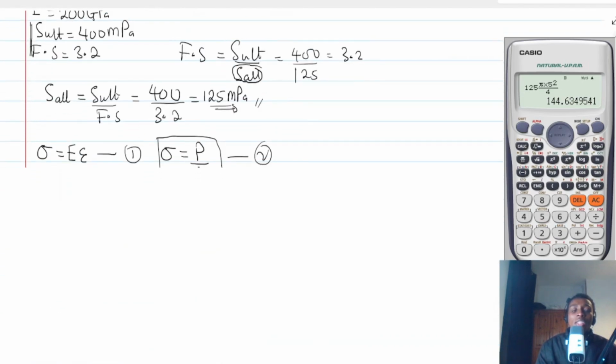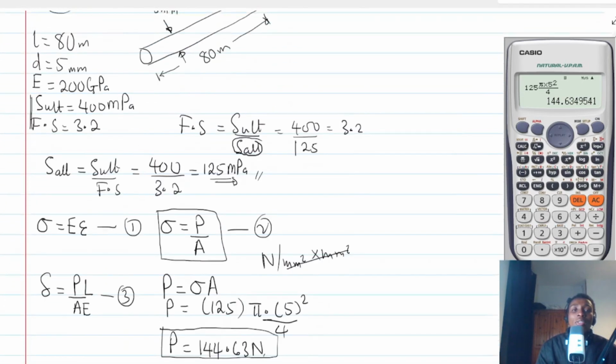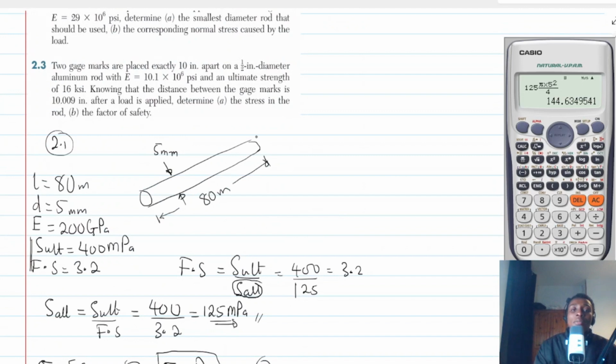Then the question said we should calculate the corresponding elongation. When we say the elongation, what we are trying to say is that this wire is going to extend due to the application of the load or the tension force. If this was the original length, there will be some other length added, and this is what we are calling the new length.